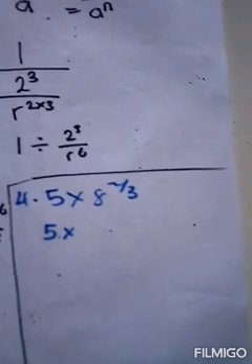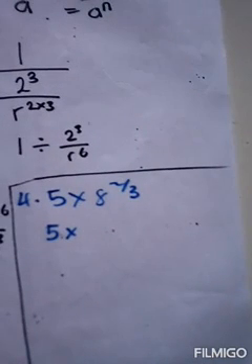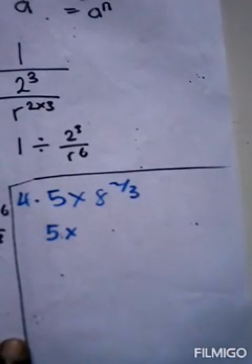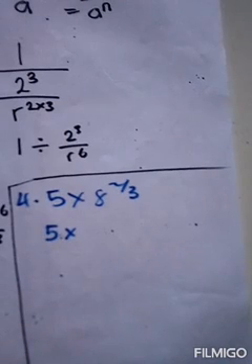Now remember, when dealing with fraction powers, you have to determine: is it a square root, a cube root, or a fourth root? What will help you determine is you look at the denominator of the power. If the denominator is 3, it's a cube root. If it's 2, it is a square root. In this case our power is 2 over 3, so the denominator is 3, which means it's a cube root.